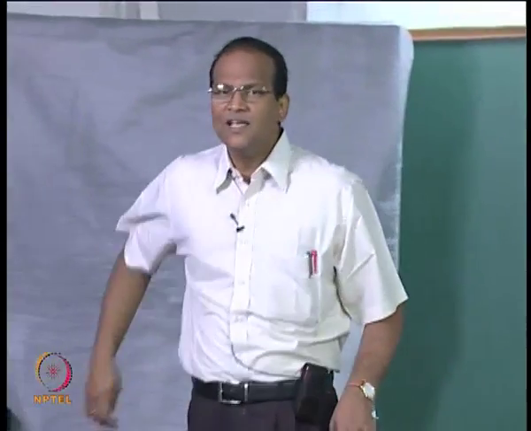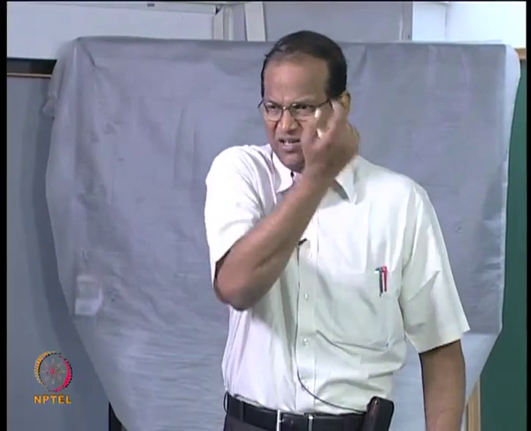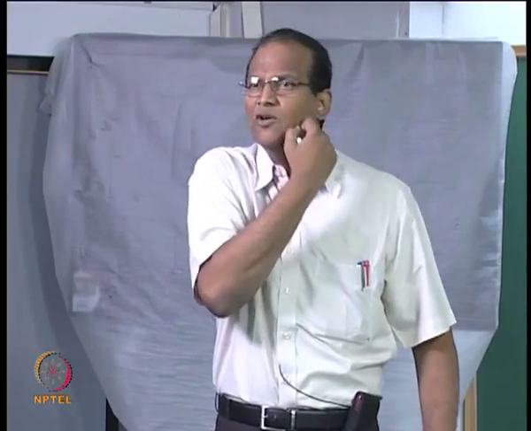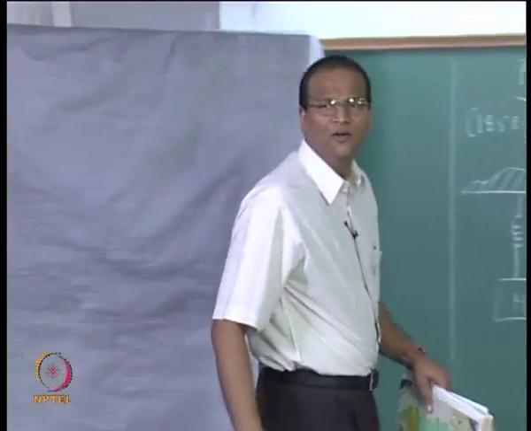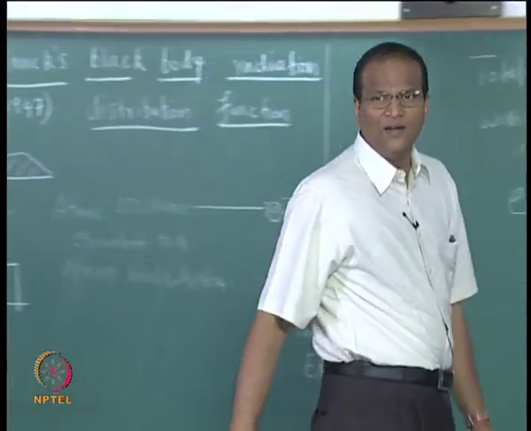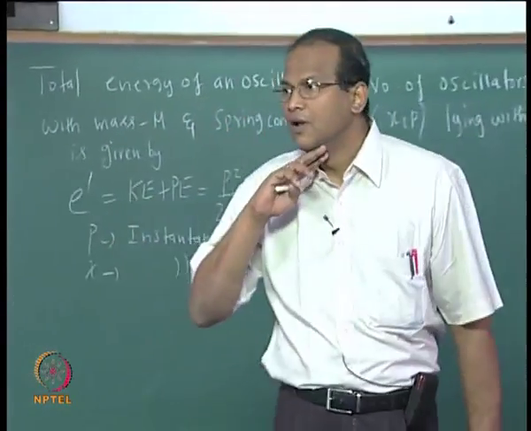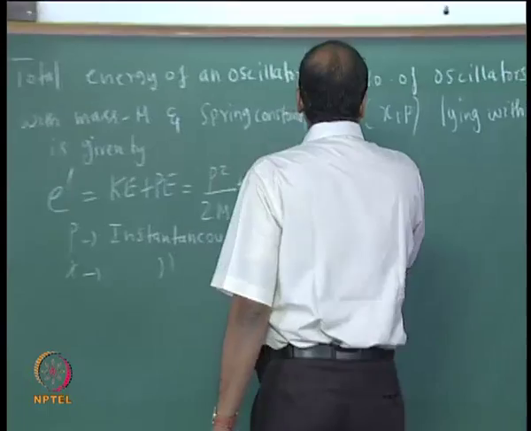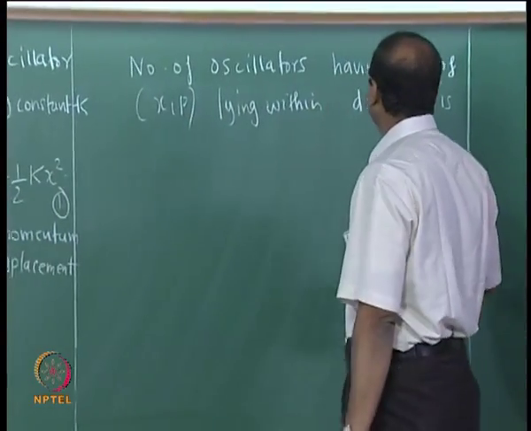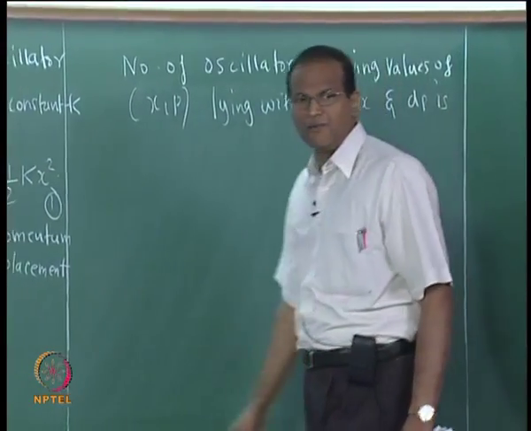Any oscillator is characterized by its momentum and the displacement and the position, okay, and the relationship between the uncertainties of the Heisenberg principle. Del x del p is greater than or equal to h by 2 pi, right, where h is again Planck's constant. Okay. Now the number of oscillators having values lying between this has to come from certain probability, correct?